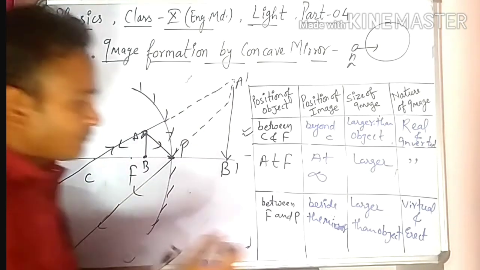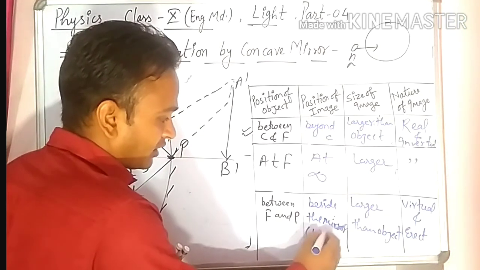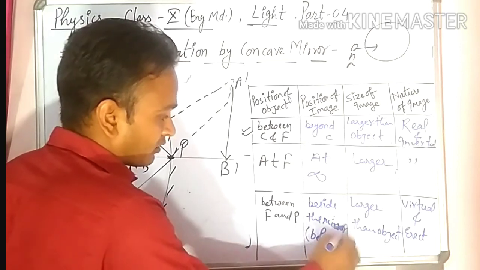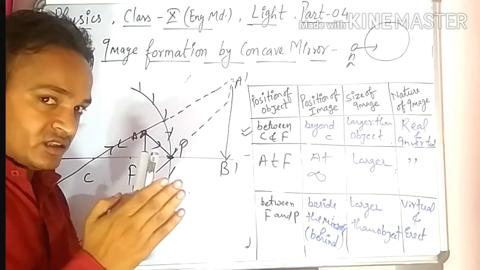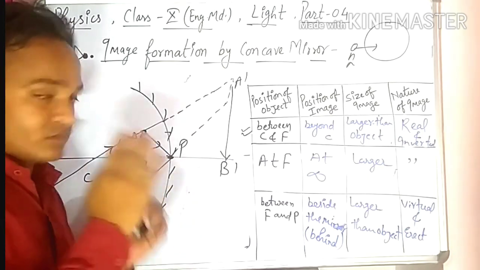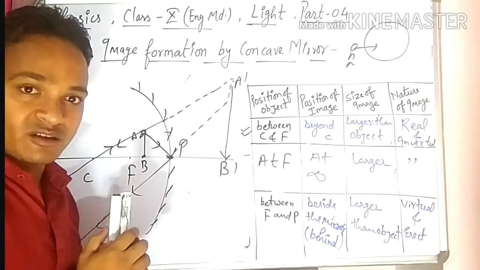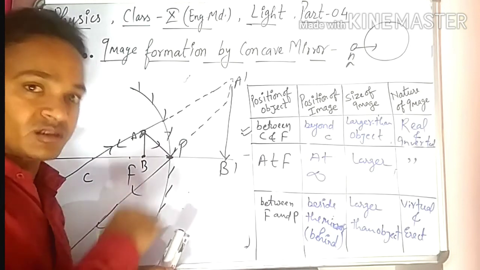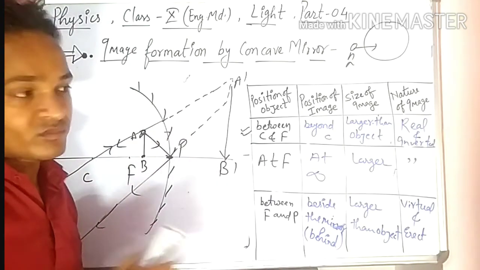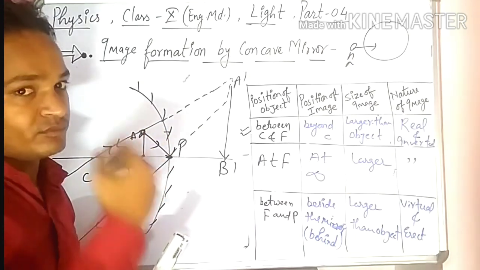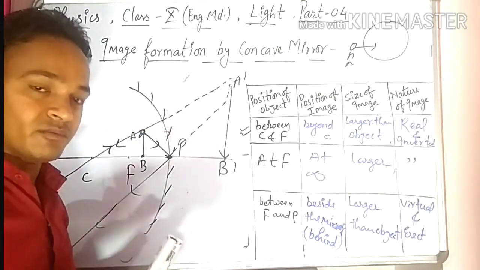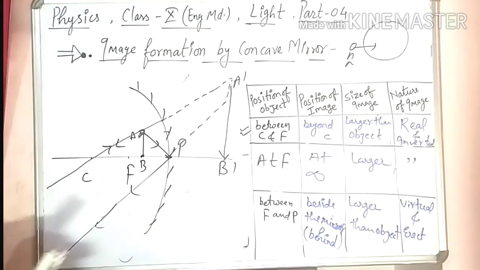So keep in mind, when the object is beyond the center of curvature, the image is between C and F. When the object is at infinity, the image will form at F.